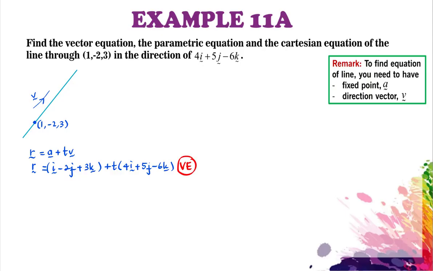Next, we change to parametric equation. So we're going to have x equal to 1 plus 4t, y equal to negative 2 plus 5t, and then z will be equal to 3 minus 6t. And then next one, which is Cartesian equation. So we rearrange to make t the subject for x, y, and z.